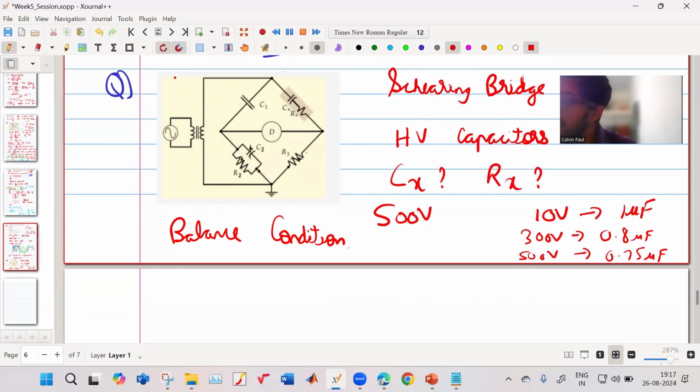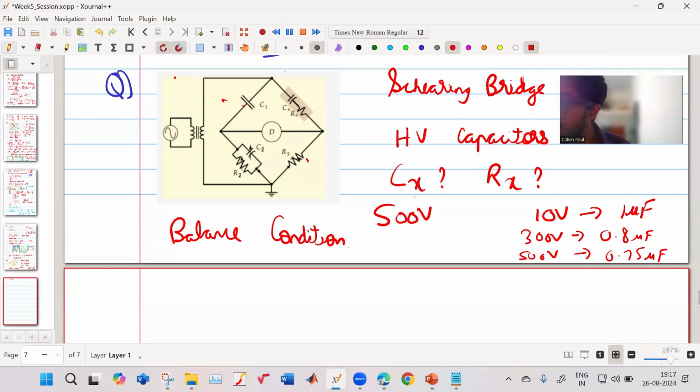First of all, is this a ratio bridge or a product bridge? We have to do the product of these two. Here there's no Z4, Z1 like that.